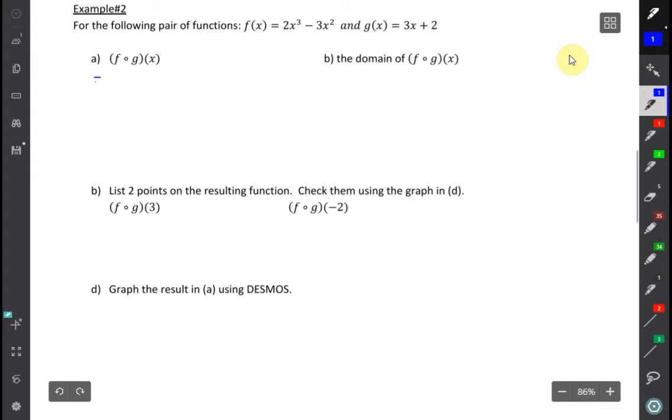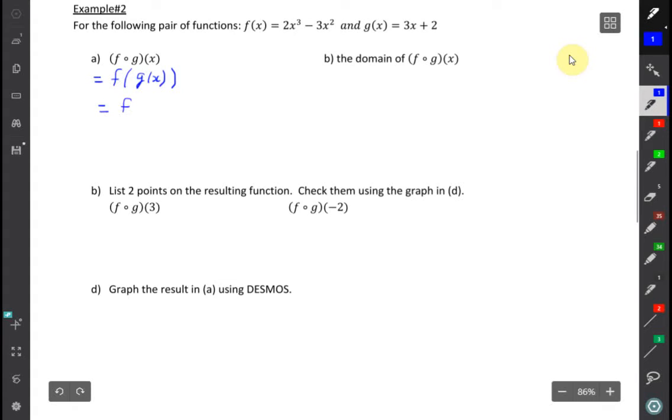This step I'm going to put in here, you don't have to do, but I find that it can help people to think about what's happening. So this notation doesn't seem as clear of what's happening as when we put these brackets and put g at x in here. And this is very clear that g at x is the input. And so g at x is 3x plus 2.